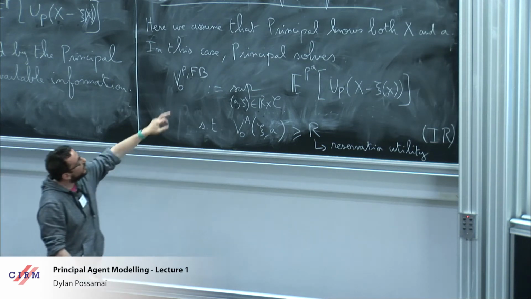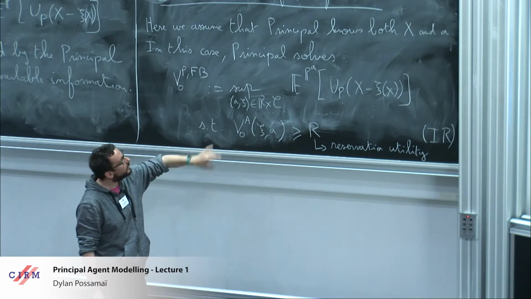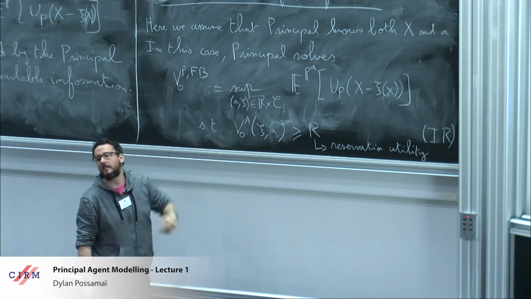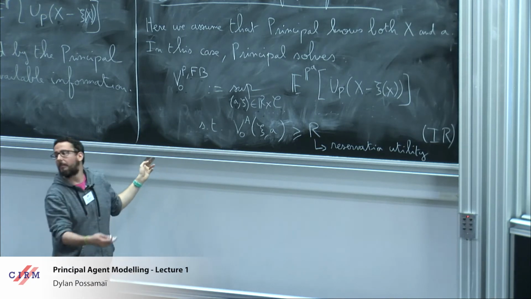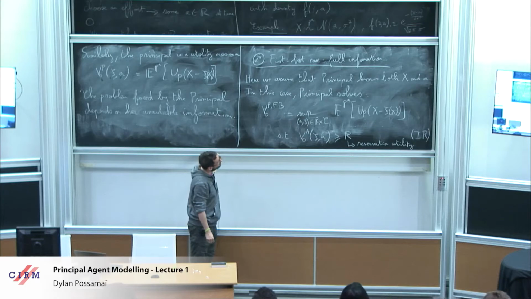So you just encode this in the problem of the principal by saying that the contracts and the efforts chosen have to satisfy this here, which is a participation constraint from the point of view of the agent. All right?